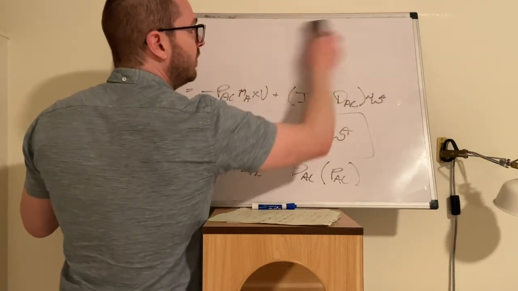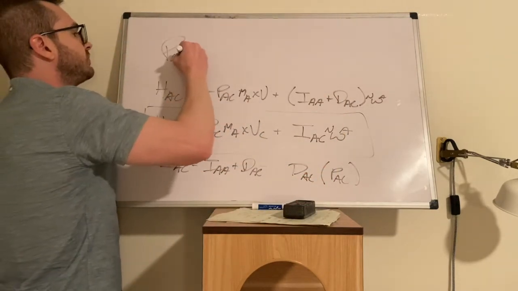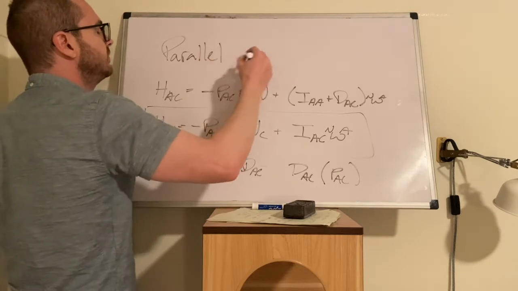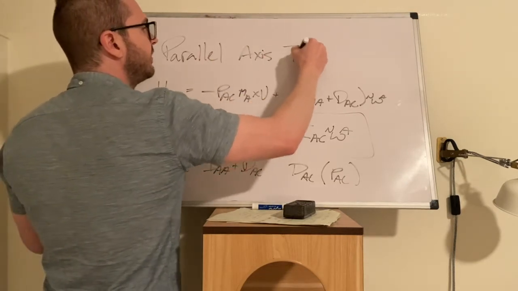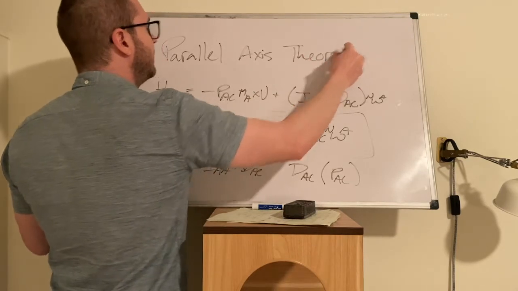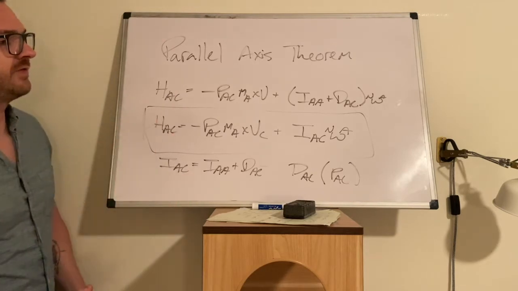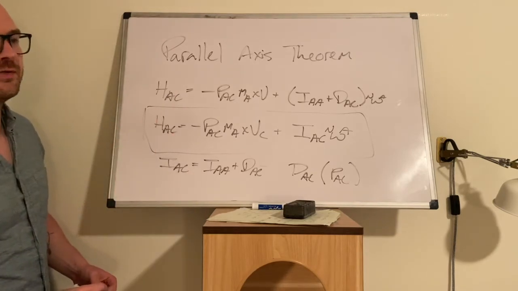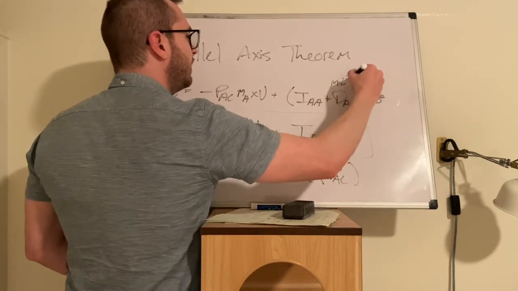Now, what we have just done, this has a name. This is the parallel axis theorem. You might have seen this simplified in other classes to be something like ml squared.